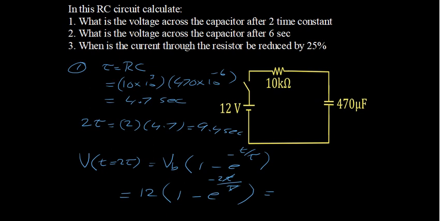Exponential of minus 2 is 0.135, so 1 minus that is 0.86, and 12 multiplied by 0.86 gives us 10.32 volts. That's the voltage across the capacitor after 2 time constants.